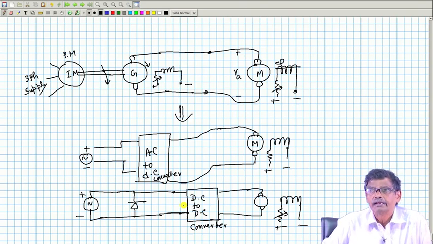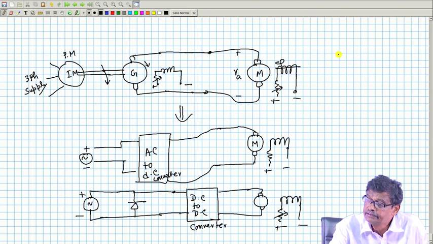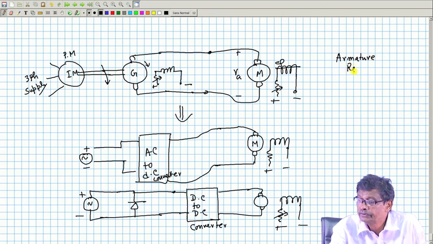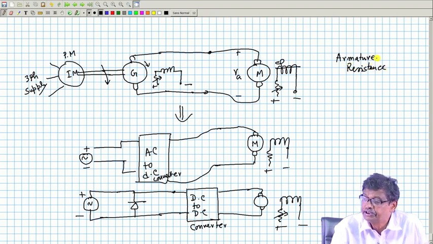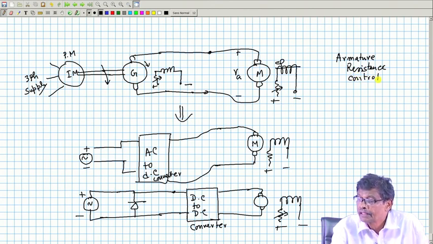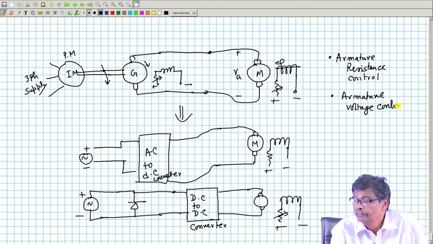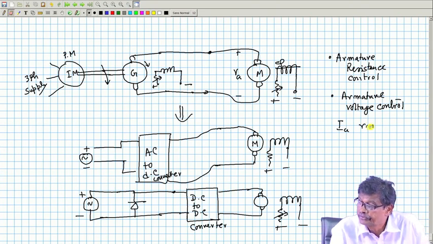Now, I will make one comment here: in both these methods, armature resistance control, which of course we will not be using because we know it is inefficient, and armature voltage control, IA remains constant at constant load torque.